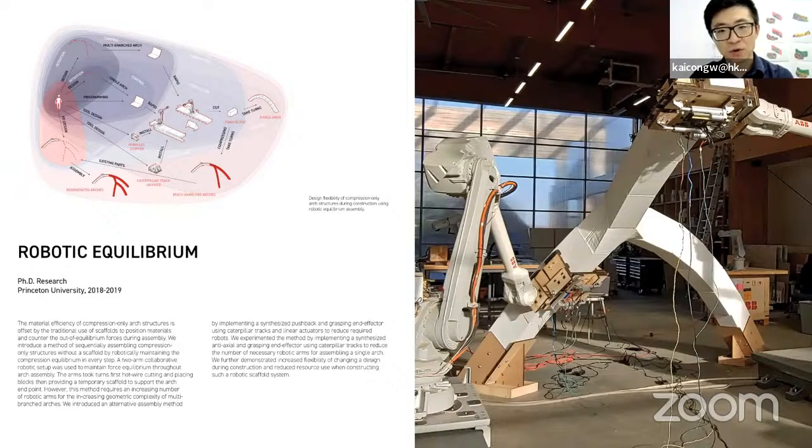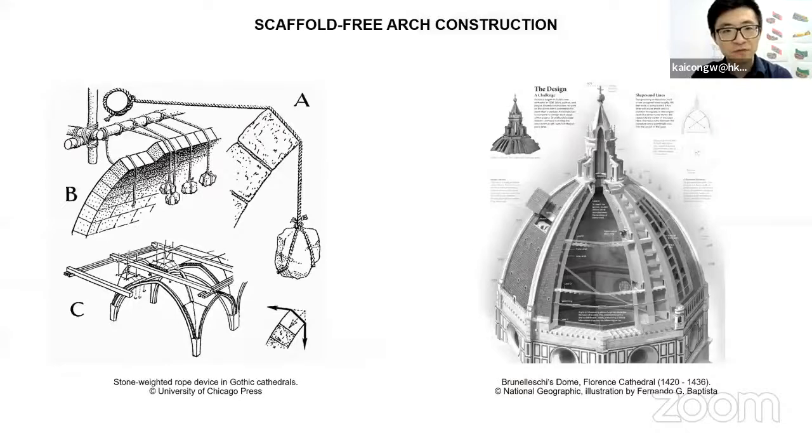To build up an arch form without using too many scaffolding components is actually a very old problem. Even in the medieval age, people were using stones to always compress the ends of the arch branches, right?